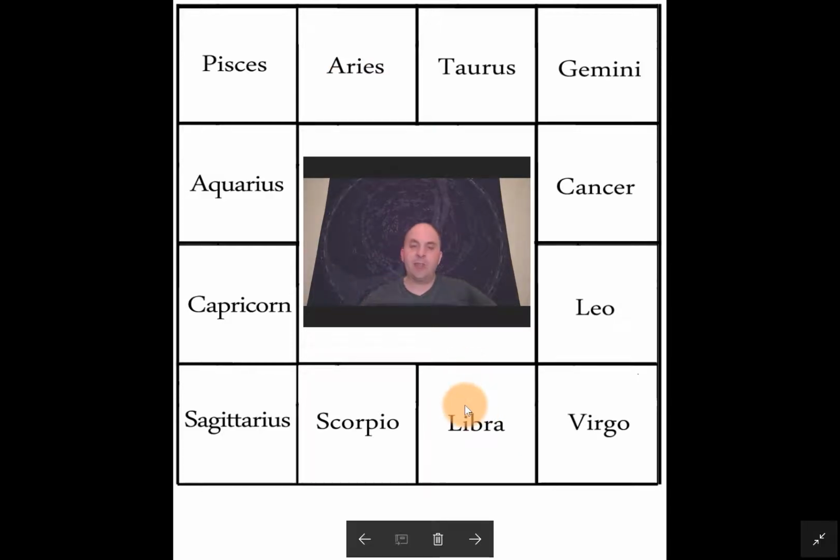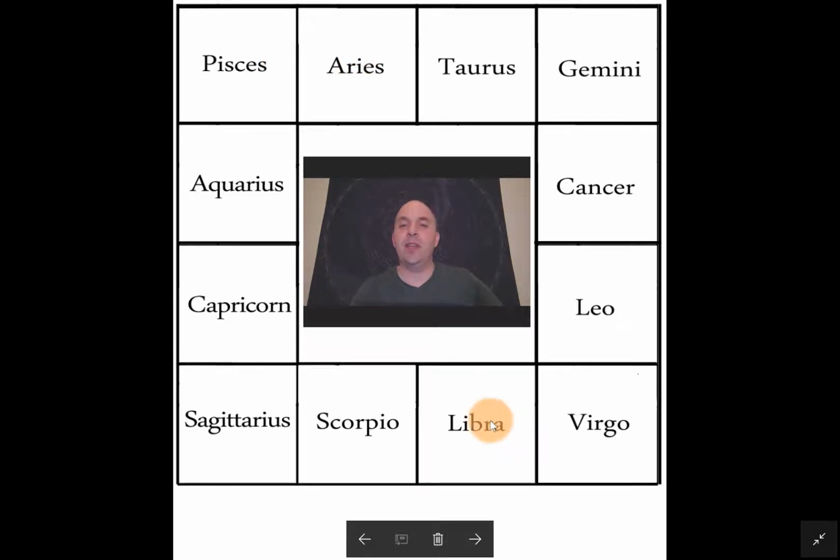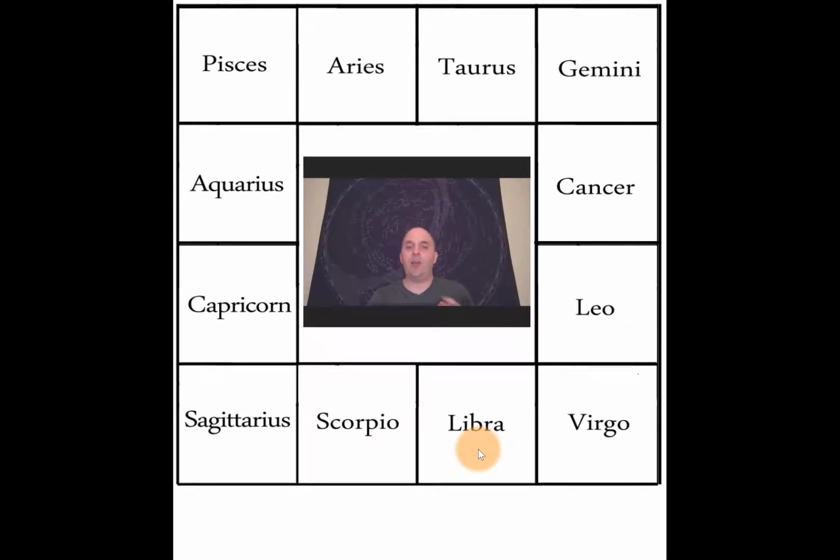Especially if this is the first house, so if this is the first lord in the 7th, well, this is definitely someone that gets more involved with other people. This is also someone who is going to be overly balanced in the opposite nature of what their original sign is. So by having Mars in Libra, especially if it's the first lord in the 7th house, it's other people being more of an influence in their lives.